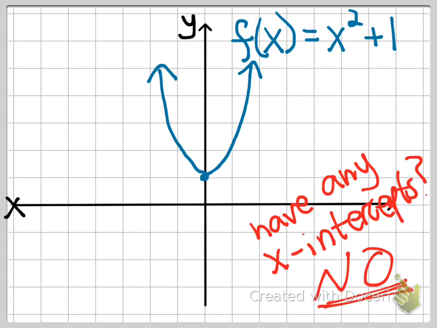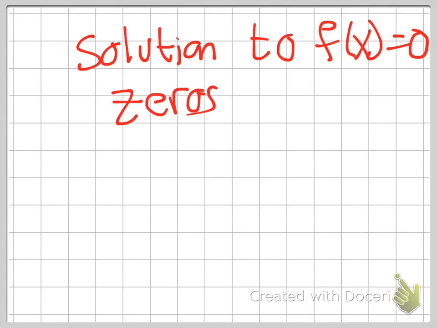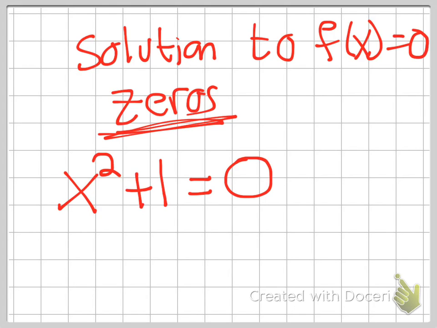So because it has no x-intercepts, the solution to the function set equal to 0, or the zeros, if you want to think of it that way, we take our function x squared plus 1 and set it equal to 0. That's how we would try to find x-intercepts if there were any.